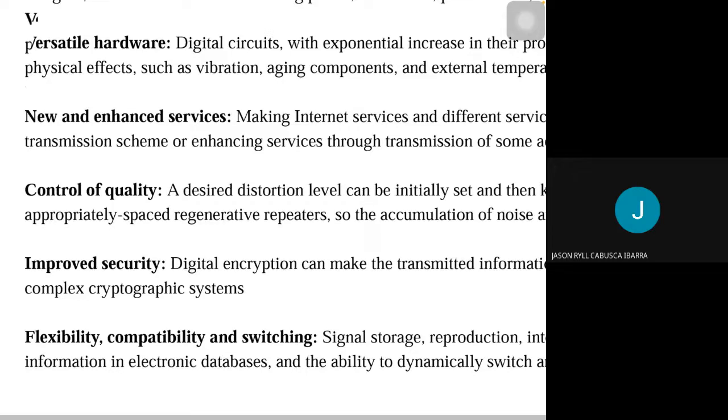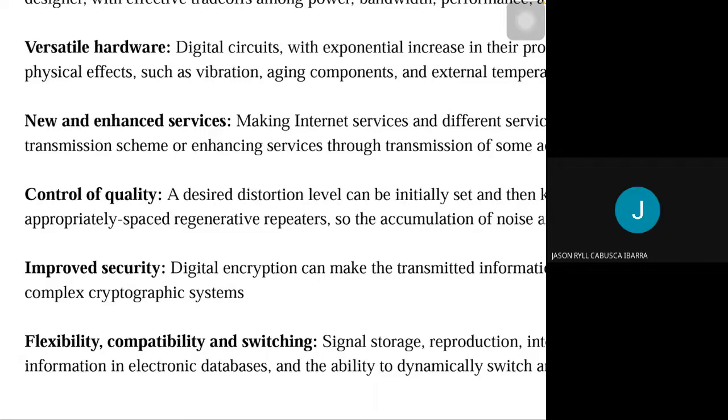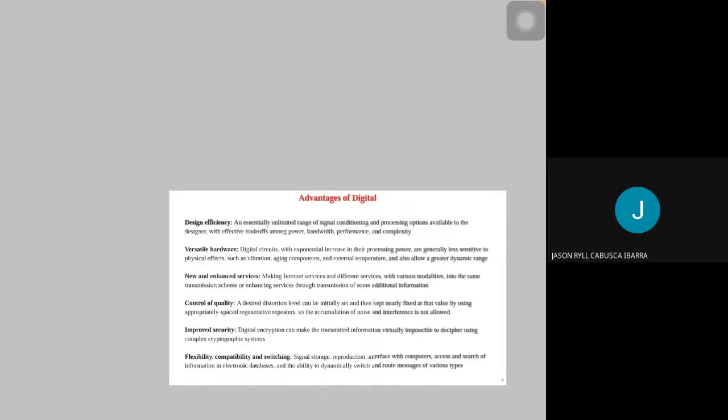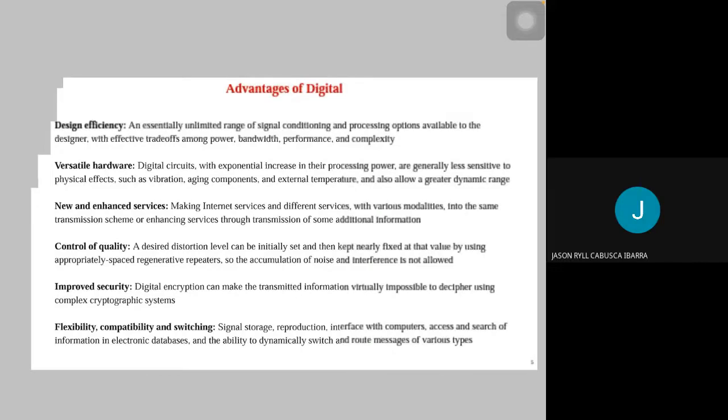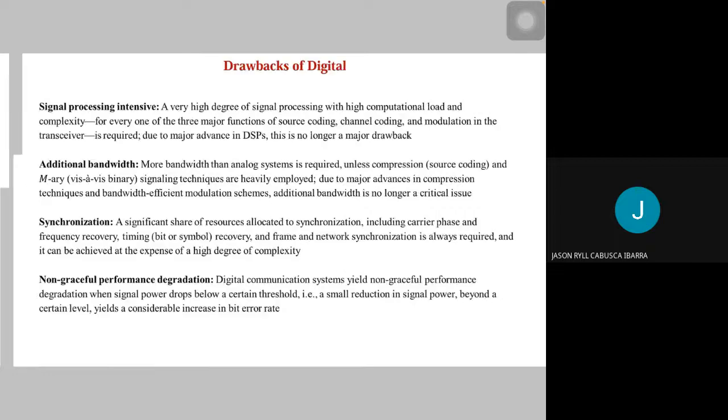Flexibility, compatibility, and switching. Ang isa sa maka-implement are routers and switches. Signal storage, reproduction, interface with computers, access and search of information, so on and so forth. So these are most of the advantages of digital communication systems.